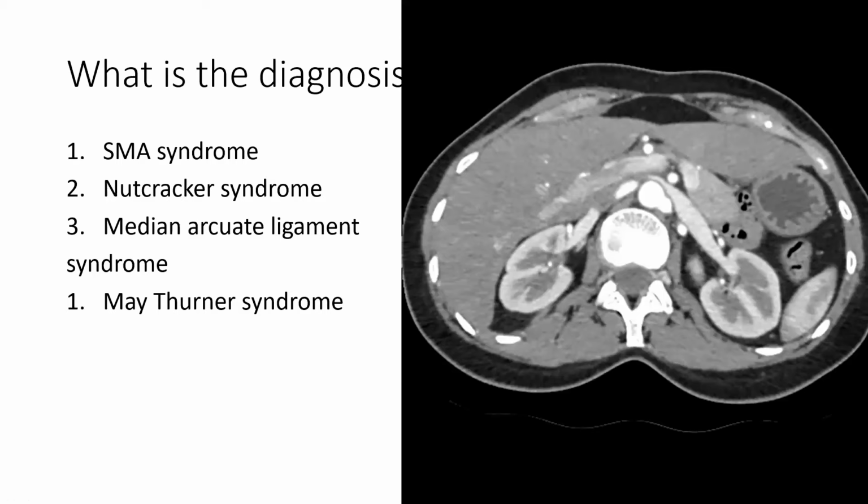Okay. The other case, what is the diagnosis in this contrast enhanced CT? Superior mesenteric artery syndrome, nutcracker syndrome, median arcuate ligament syndrome, May-Thurner syndrome. So here, see, what do we see?